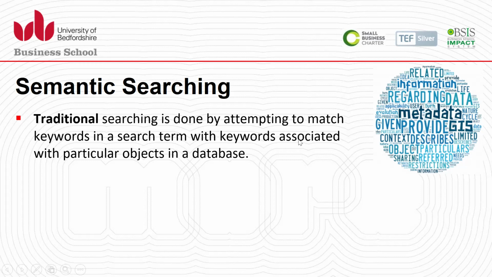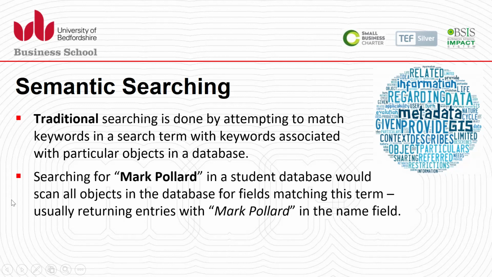The traditional searching is done by attempting to match keywords in a search term with keywords associated with a particular object in a database. For example, searching for Mark Pollard in a student database would scan all objects in the database for fields matching this term, usually returning entries with Mark Pollard in the name field.